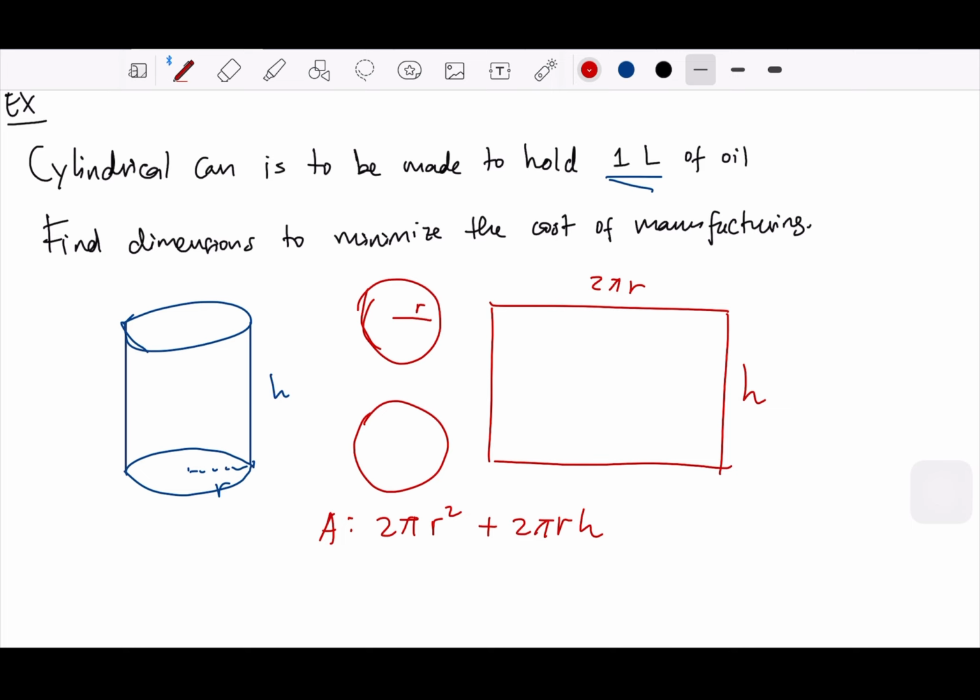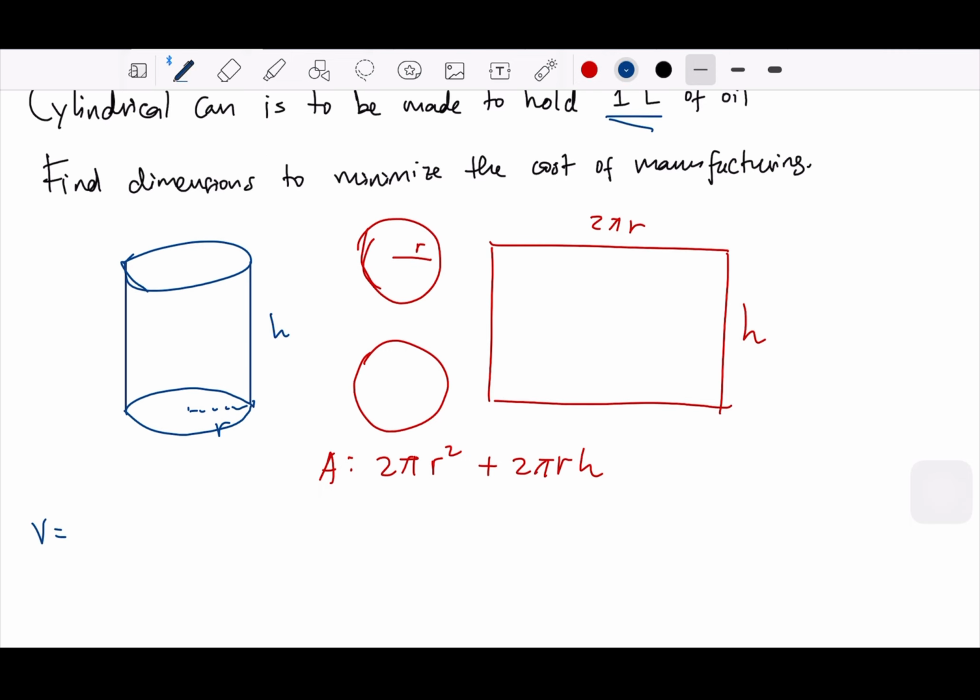So the volume will be the base, pi r squared, multiplied by height. 1 liter is equal to, what's the equivalent for liter? The m cube.